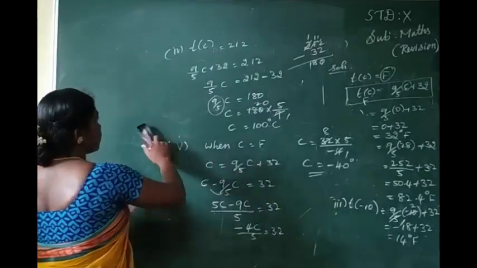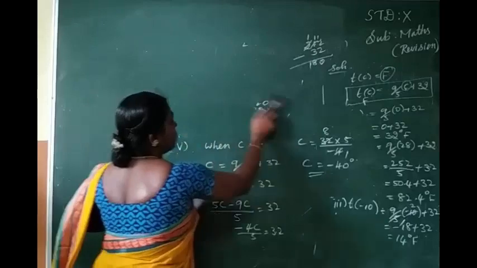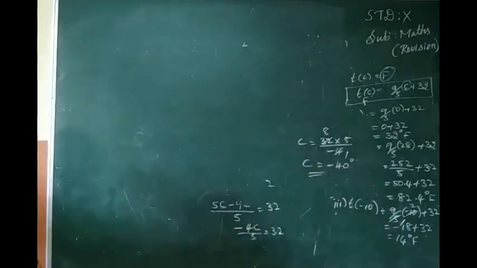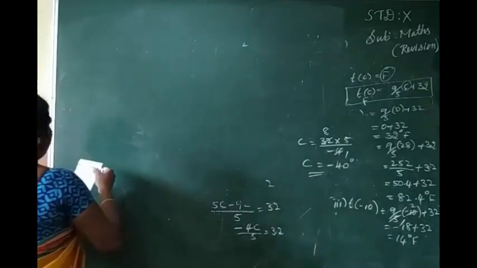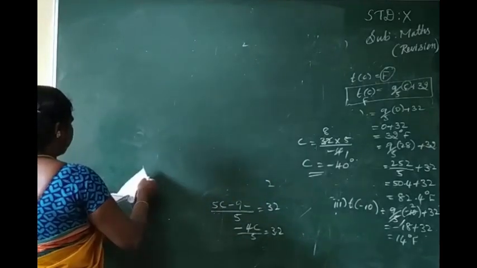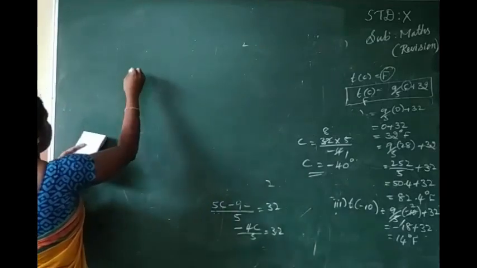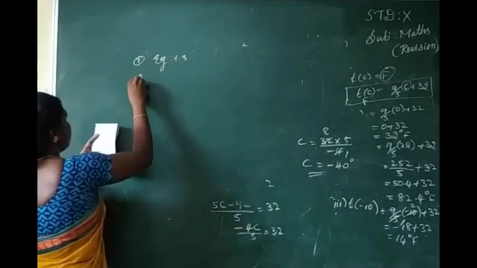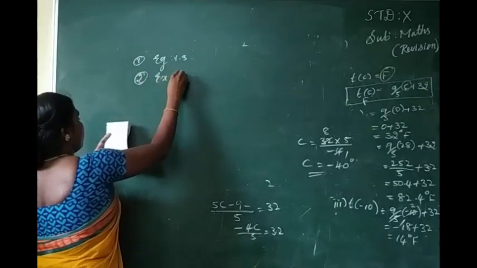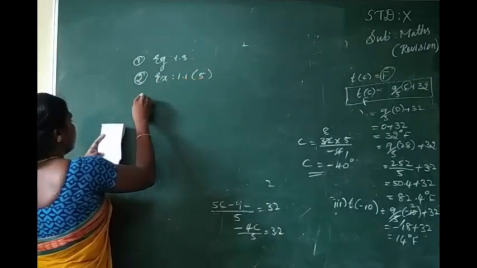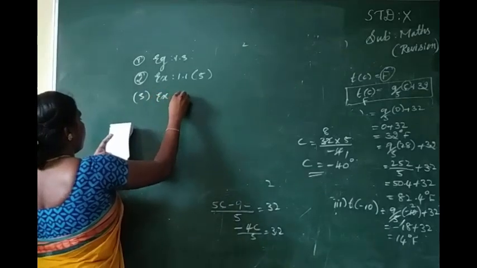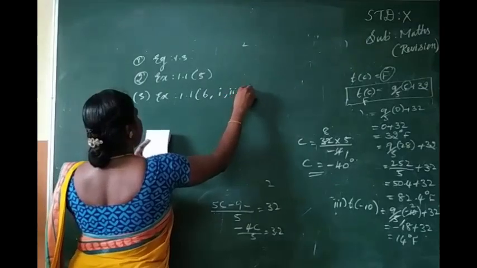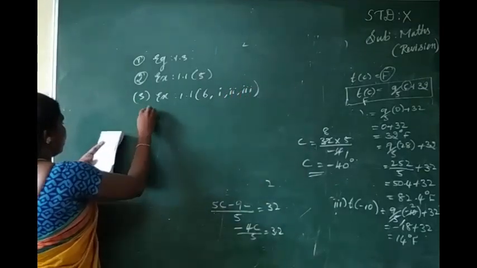Now we can see some important 5-mark problems. I am writing the exam plan essay numbers. So first one, example 1.3. Exercise 1.4, question number 5. Exercise 1.4, question number 6, first subdivision, second subdivision, third subdivision, fourth one.